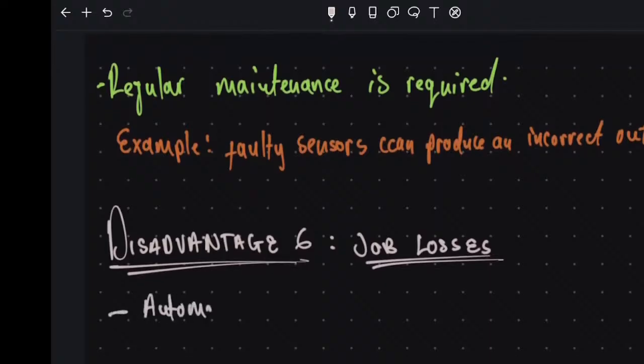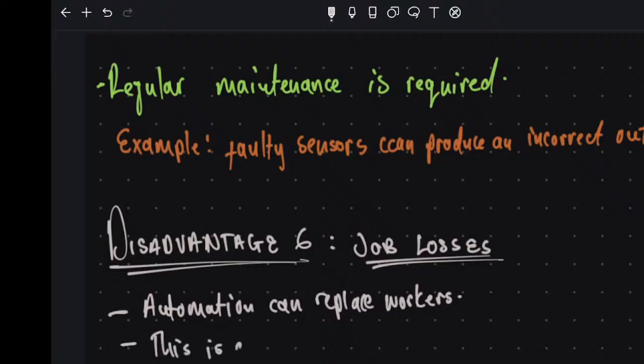Automation can replace workers. This is considered an ethical concern.